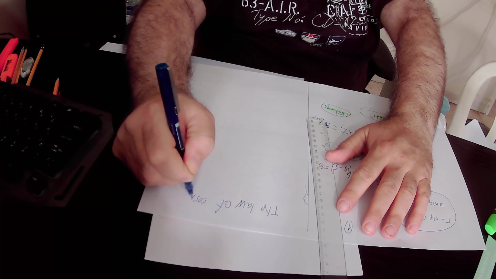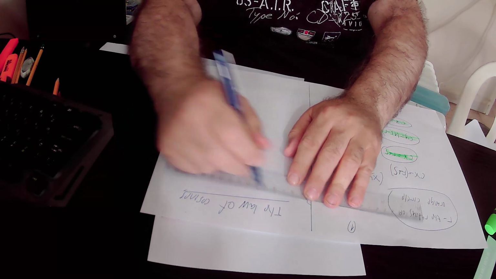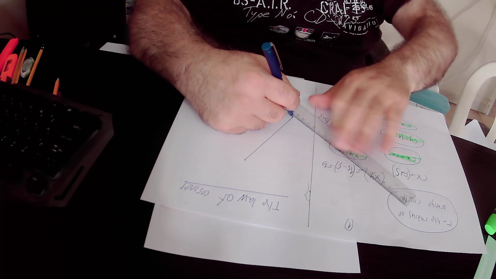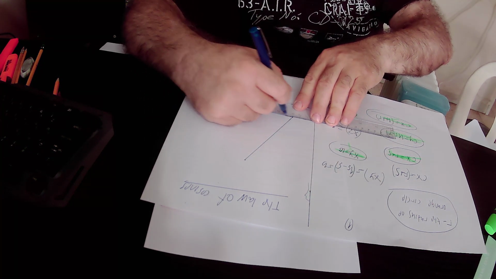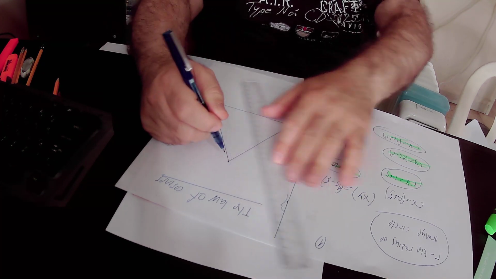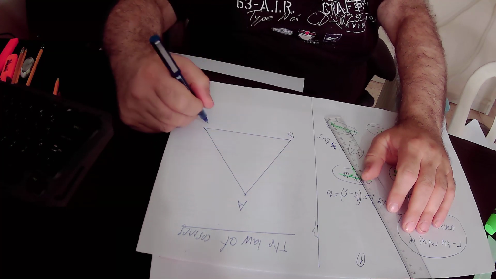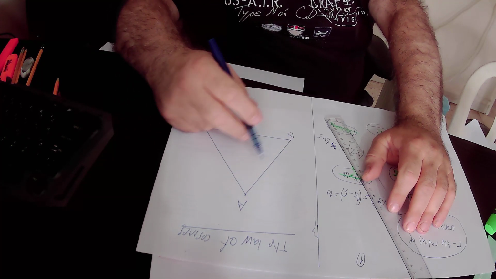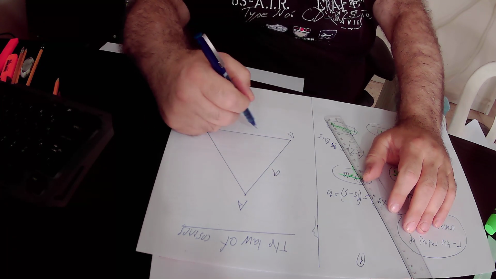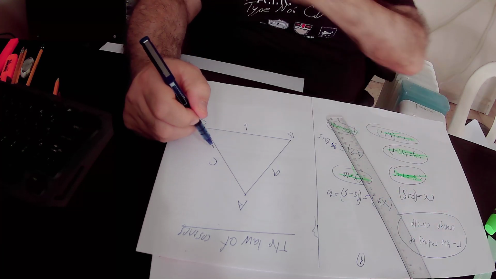What is the law of cosines? If we have this triangle, which could be any triangle, triangle ABC, we know that side AB equals A units in length, side BC equals B units in length, and side AC equals C units in length.